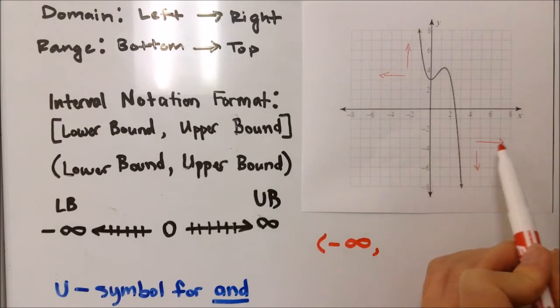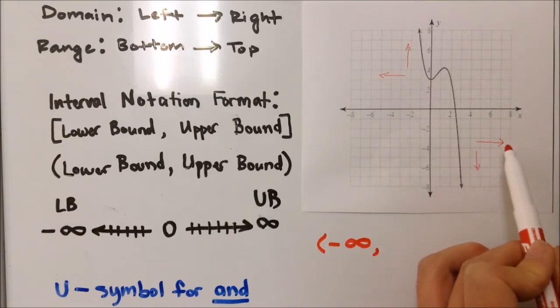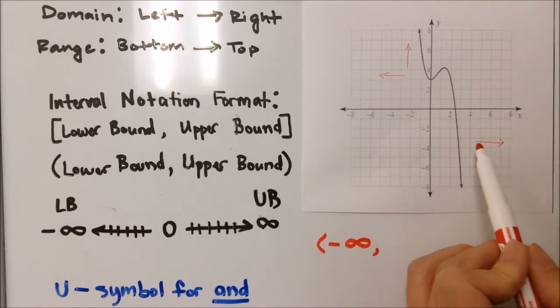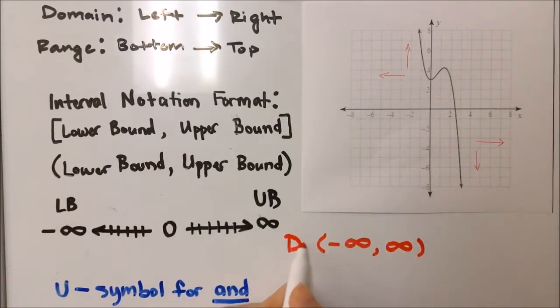Now if we're looking for the right hand side, we're looking at the domain, it's going towards the right forever or continuous. We're going to use the symbol for infinity. And then close parenthesis. I forgot to put the letter for domain.